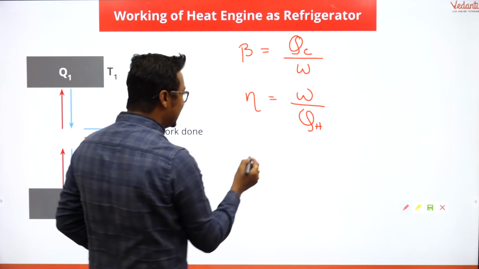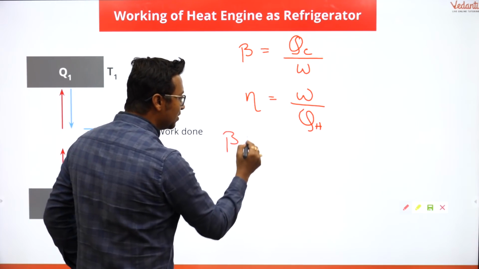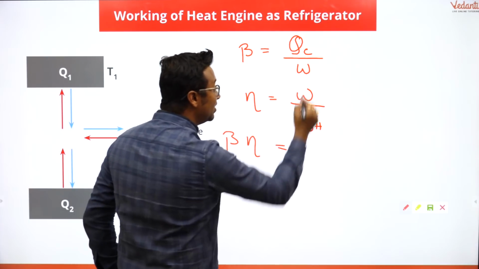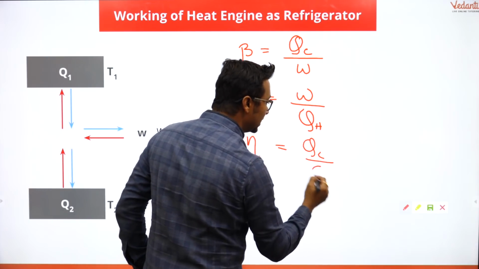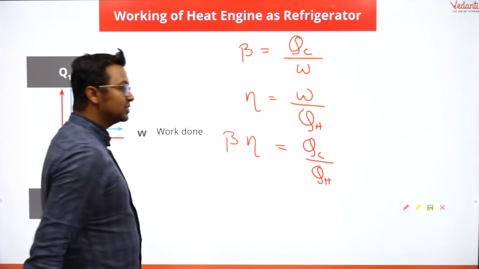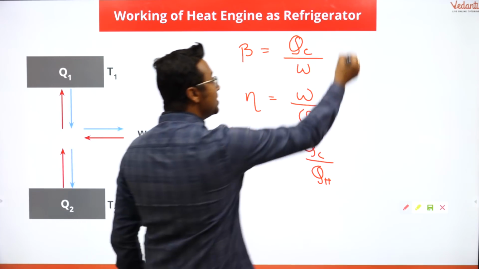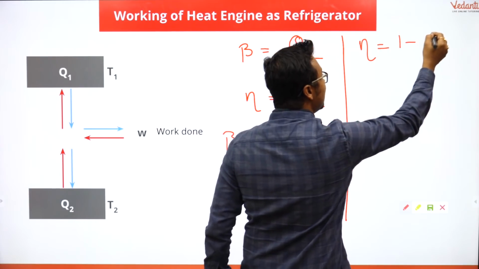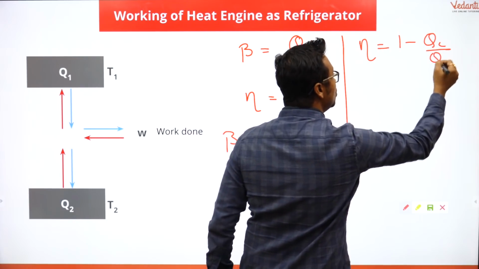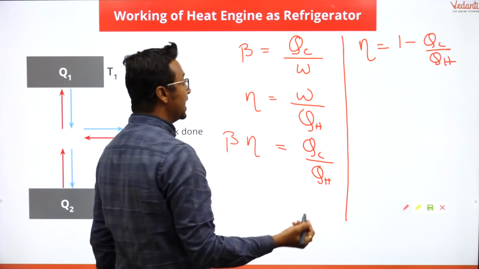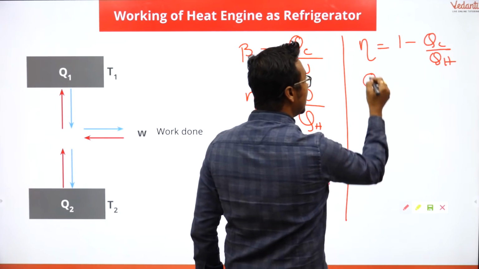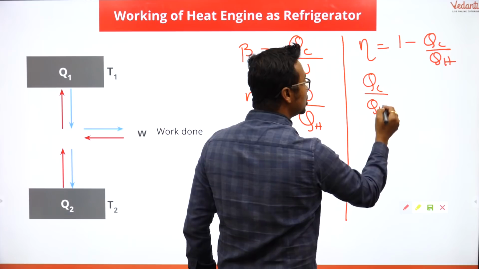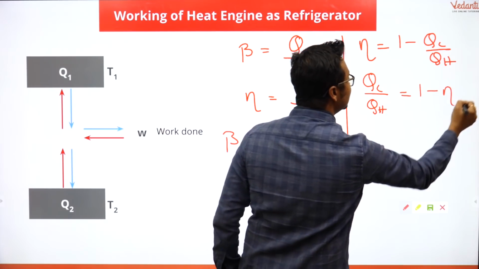My dear students, if I take coefficient of performance into eta, what will it be? QC by QH, right? And from the formula eta equals 1 minus QC by QH, QC by QH can be written as 1 minus eta.